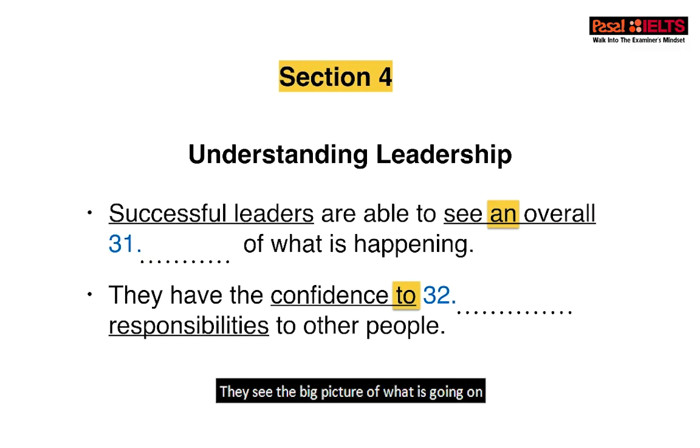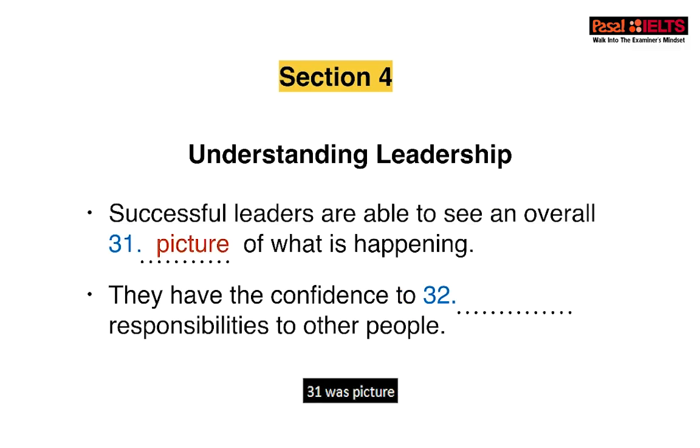They see the big picture of what is going on within their companies, in their particular markets, and in the wider world. They also tend to be particularly good at motivating and empowering those around them. The best leaders understand implicitly the need to trust their staff, and they are happy to delegate tasks and duties to others.